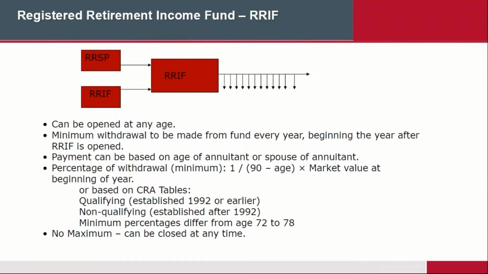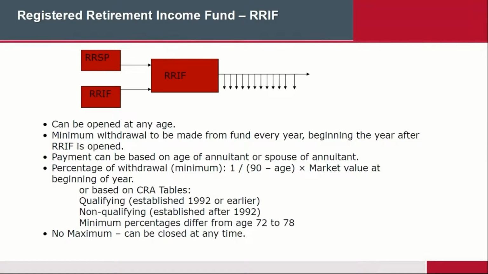So there is also a minimum withdrawal to be made from the fund every year. Okay, and so therefore, again, Ottawa has a table. There is an actual table, and that table's payment is based on the age of the annuitant or the spouse's age, depending on who bought the annuity, obviously. And so therefore there is a minimum amount that must be taken out.